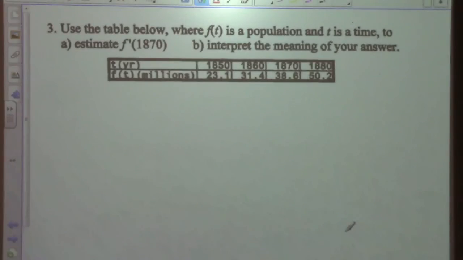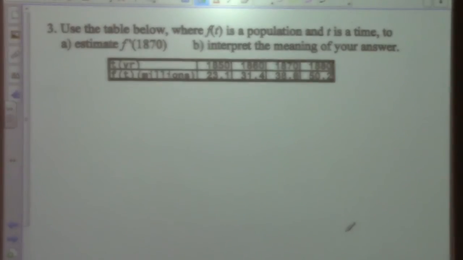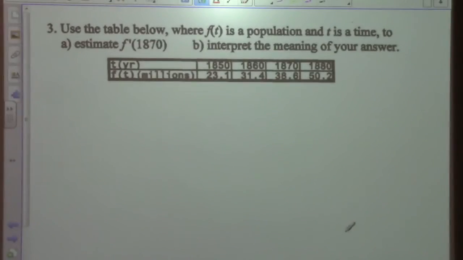Okay, what's gonna be, it's gonna be that over the years. I think so, you gotta change this over a change of the years. Population. And that's one thing, when you have rate of change, usually it's gonna be the time in the denominator.